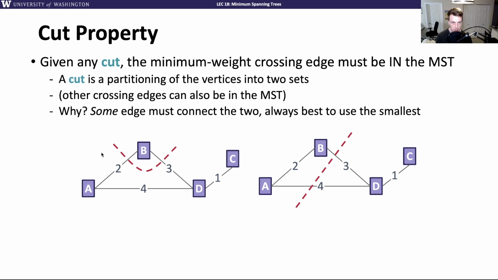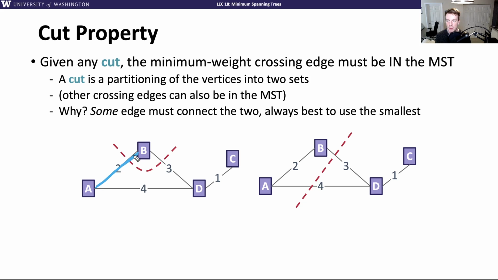Whoops, I spoiled that a little bit. Notice that using this cut property, we can essentially, using the same graph, derive the same MST, right? So if you consider this cut, we would have to include this edge outside of the cut that just contains B. Right?